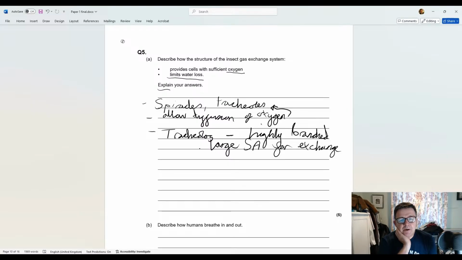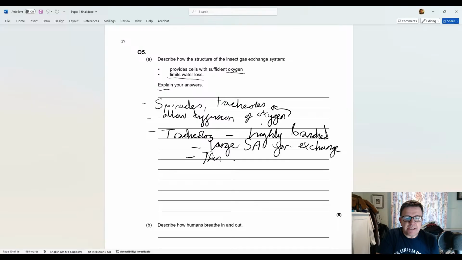Now obviously with anything related to gas exchange, there are always three things they want you to talk about, regardless of whether it's fish gills, lungs, or whatever. So you've got to talk about large surface area. You've got to talk about why it's thin. Well, the tracheoles are thin. Why are they thin?